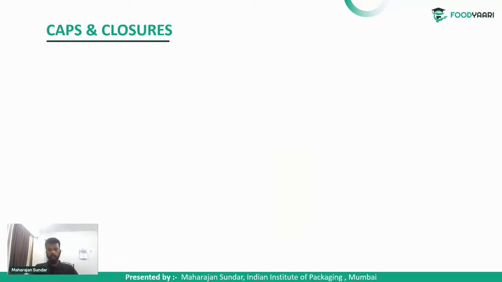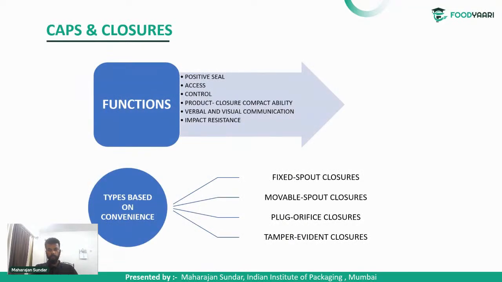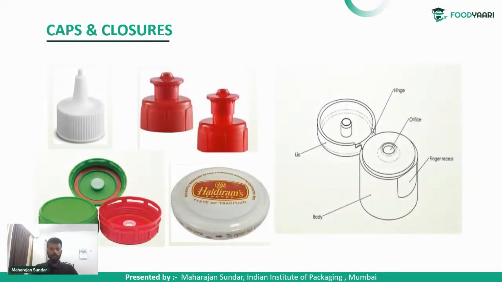Then the movable sprout closure, we might have seen this in oil dispensing cans. Or, for example, you might have seen Vim bottles, Vim gel, used as a dishwasher, which has a movable sprout.